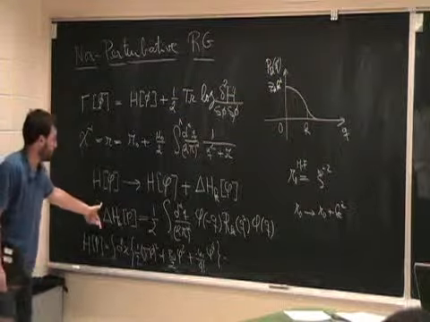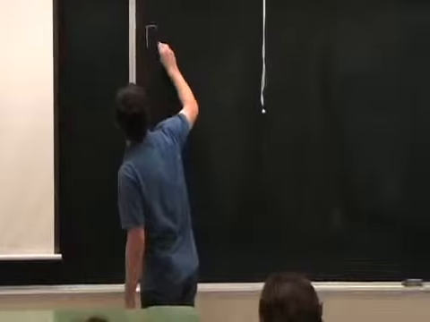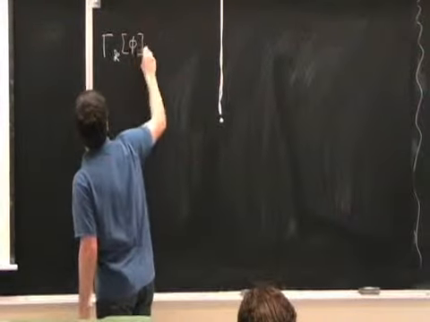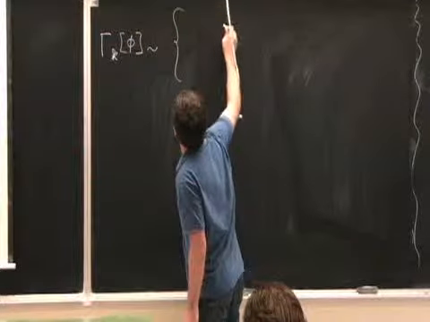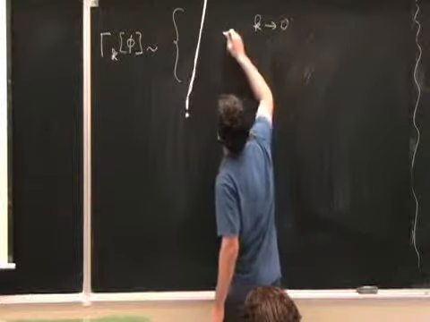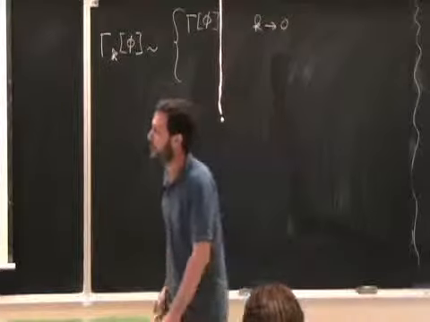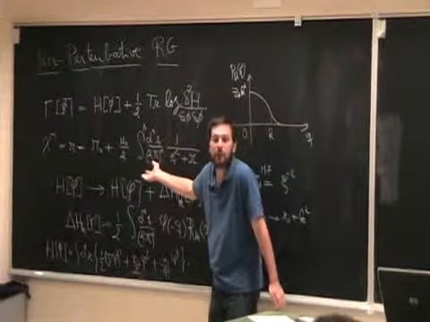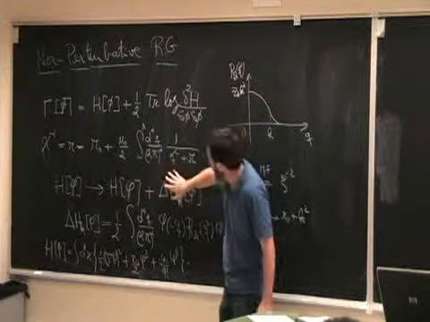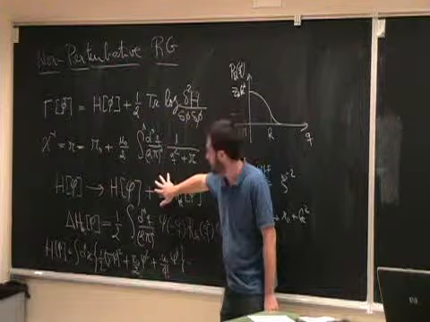So once you have added this correction to the Hamiltonian, you have a new Gibbs free energy that I call gamma_k, whose precise definition I will give in a moment. And this Gibbs free energy, when k goes to 0, goes to the full Gibbs free energy, because you remove the regulator.